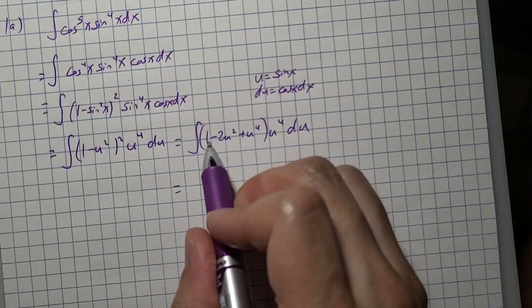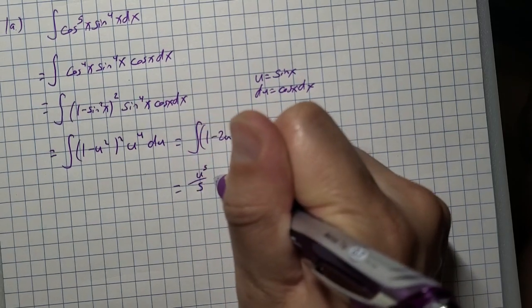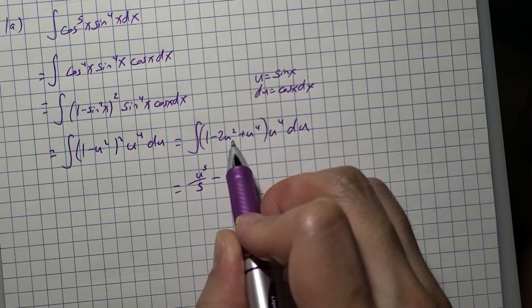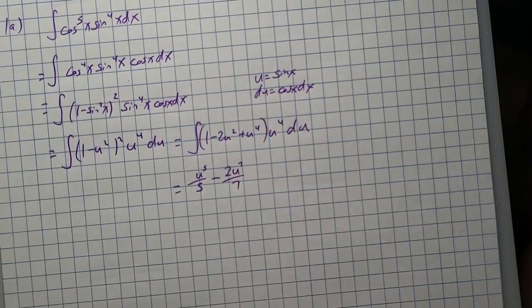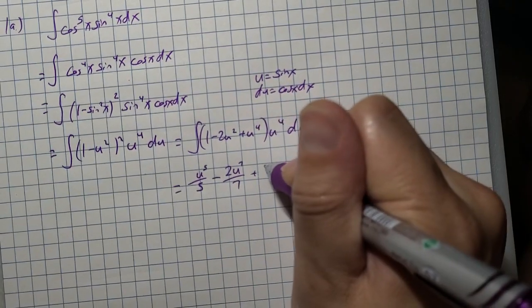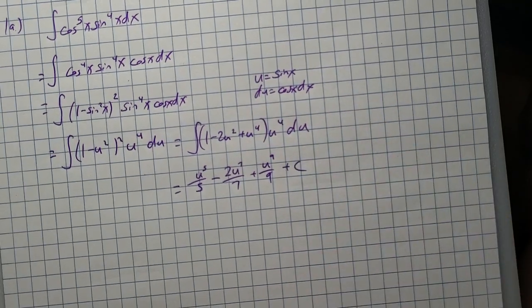We can distribute. I'm going to do 2 steps in one: distribute, and then take the antiderivative. The antiderivative of u to the fourth is u to the 5 over 5. Minus, this would be u to the 6, so the antiderivative is u to the 7 over 7. This one would be u to the 8th, so the antiderivative would be u to the 9th over 9, plus c.